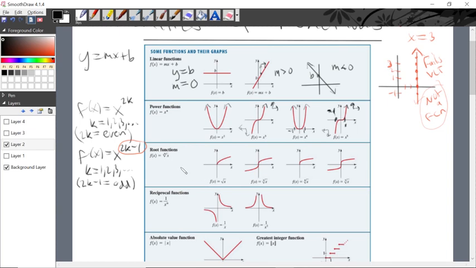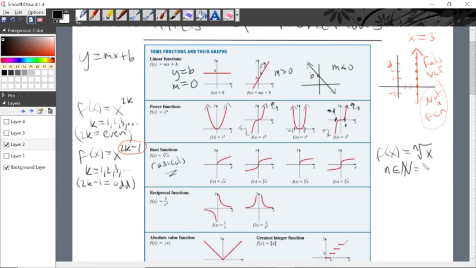Let's look at the root functions, or the radicals. These can also be called the radicals. The nth root of x is what that says. So I'll write it a little larger out here. f of x is equal to the nth root of x, and that's for n an element of the set of natural numbers.